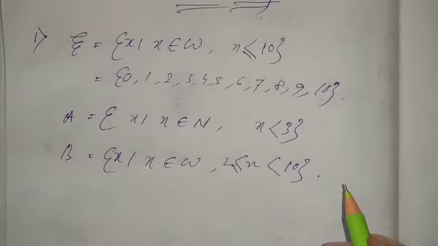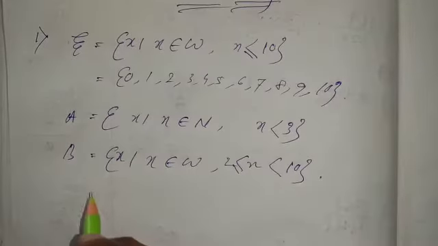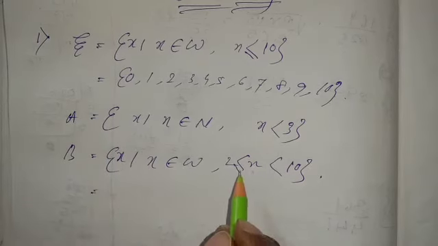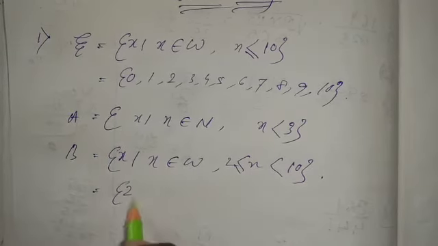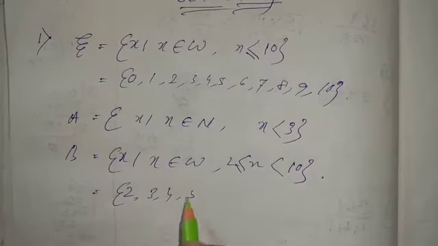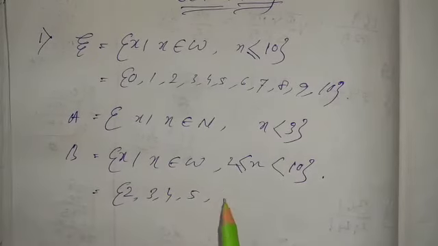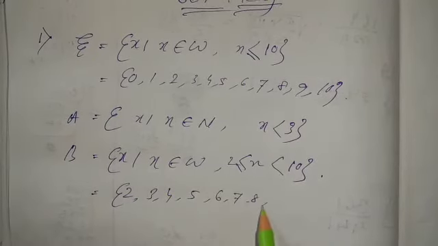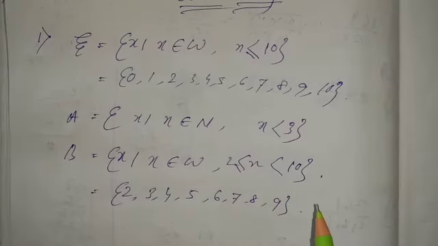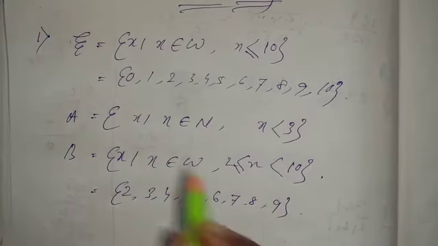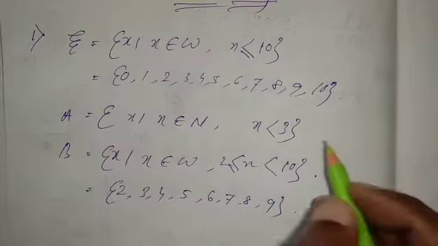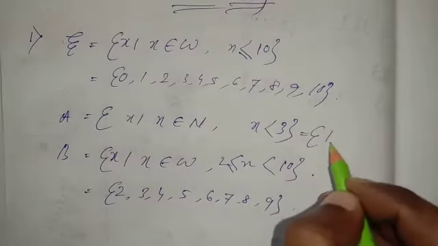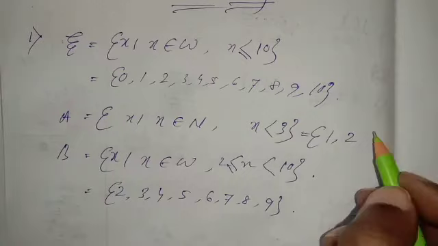Okay, that means B will be greater than equal to 2 means 2, 3, 4, 5, 6, 7, 8, 9 up to 10. And A will be how much? Just tell A will be less than 3, that is 1, 2, because natural number starts from 1.